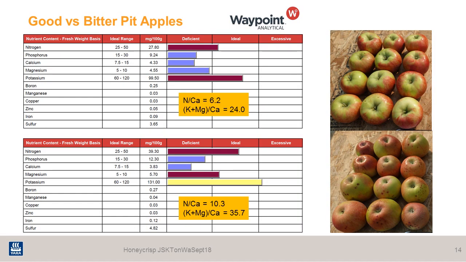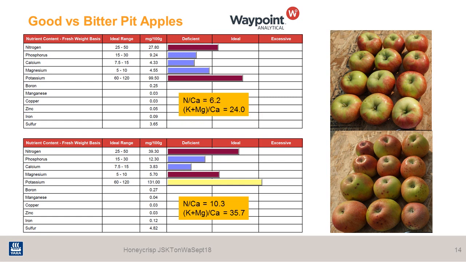Let's take a look at what bitter pit looks like nutritionally. You can see here from one of my trials, we have the really nice looking Honeycrisp apple fruit and the Honeycrisp apple fruit with bitter pit. I sent these fruit samples to the lab separately just to show you the difference in nutrition in this fruit. First of all, you can see that in this good fruit, you get the ratios of 6.2 and 24.